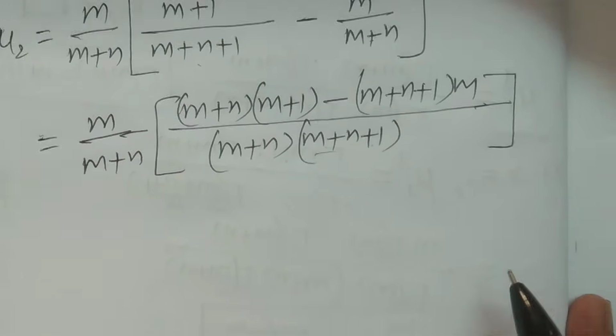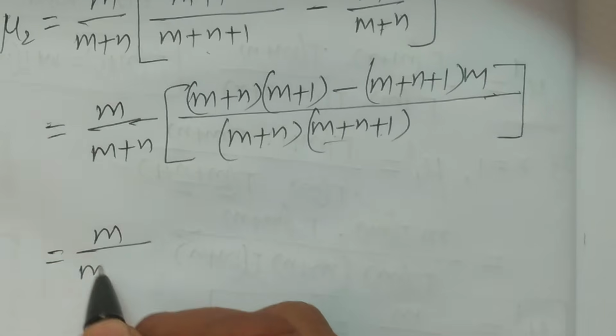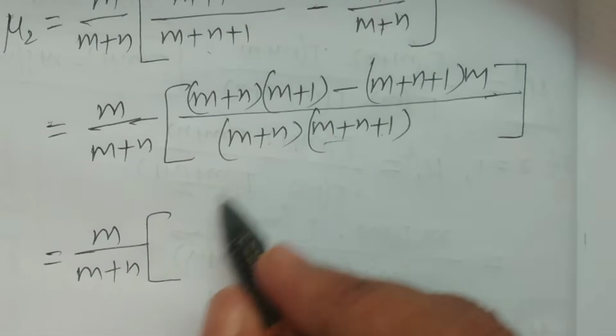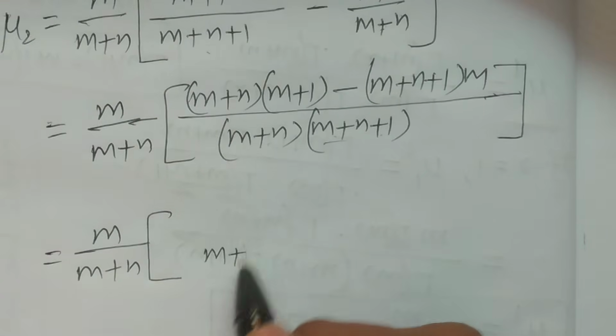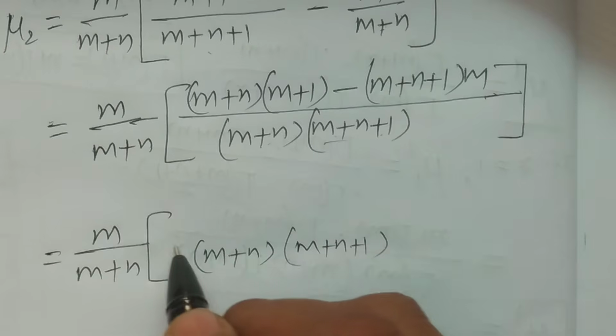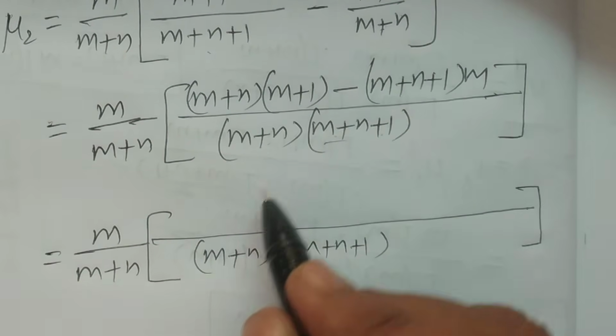So therefore you obtain m divided by m plus n multiplied by, over m plus n into m plus n plus 1, which is the LCM we have considered.